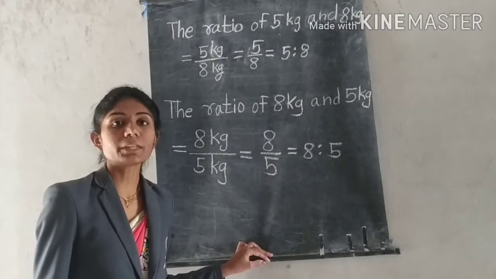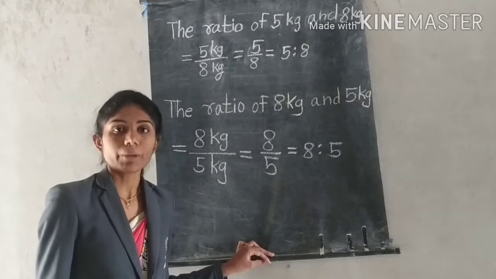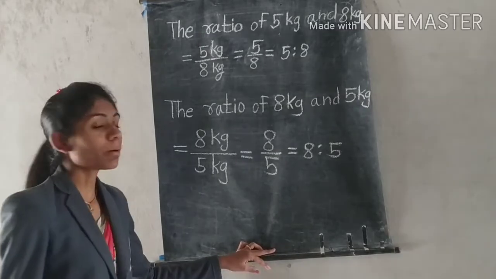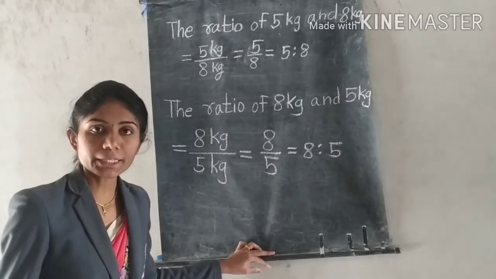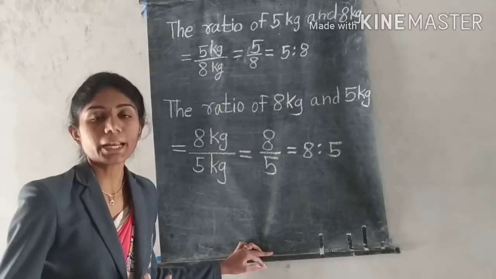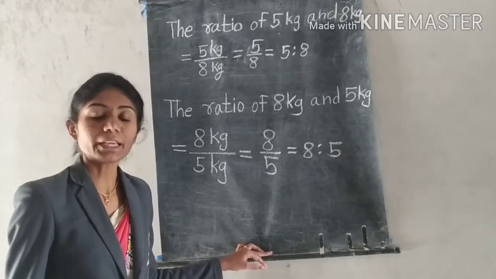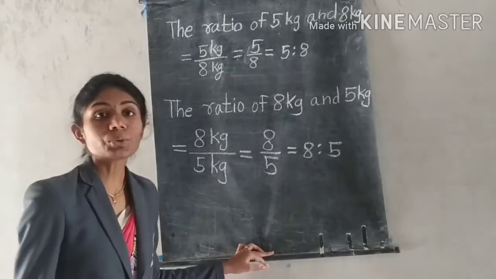The terms of the ratio are written in a definite order. For example, the ratio of 5 kg and 8 kg is represented as 5 kg upon 8 kg. We will get the ratio 5 upon 8 equals 5:8.